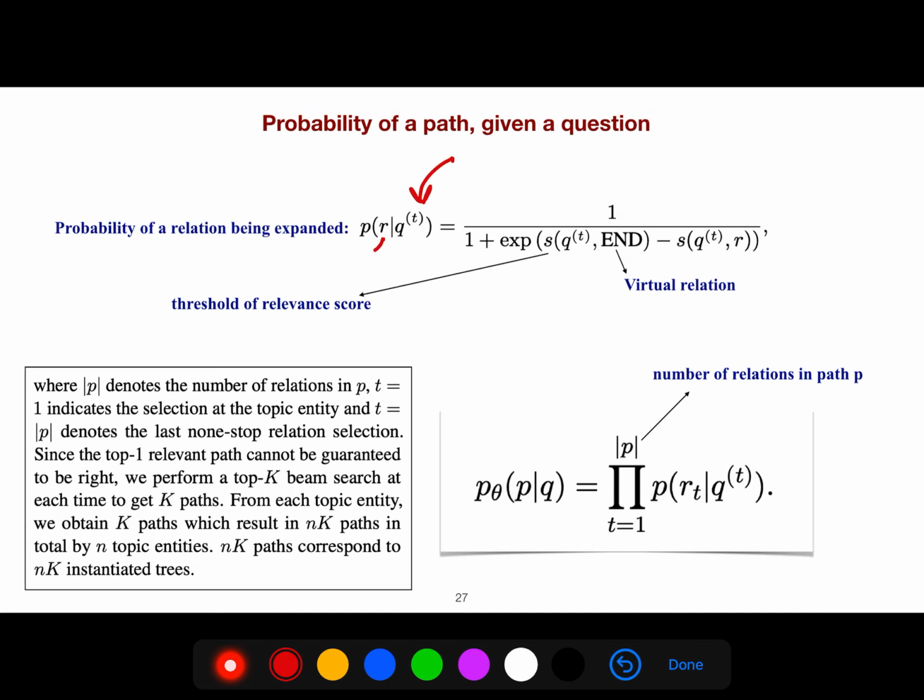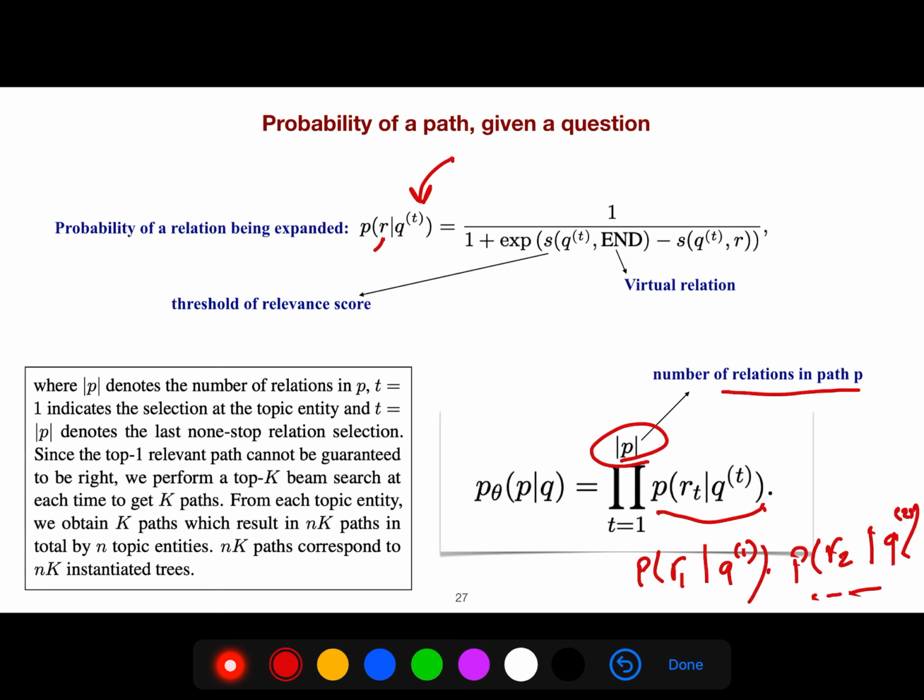And because they are independent, because you have this amount of relations in path P, you multiply all of these probabilities. Probability of R1 given Q1 times probability of relation 2 given the second word, for example, of the question, and so on. And we have many relations.